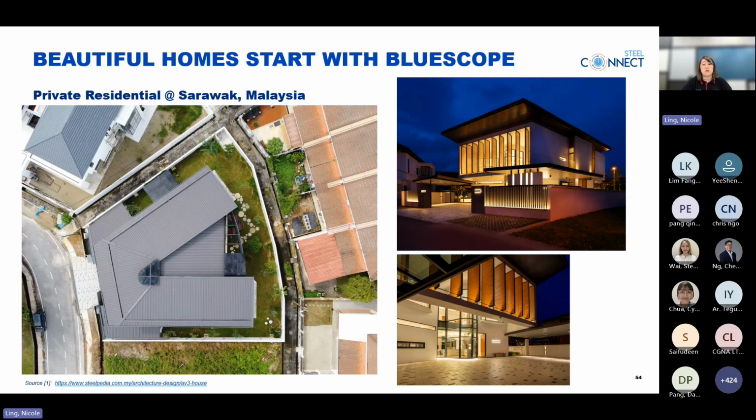The design relies on long, continuous rooflines with clean junctions, which is why steel roofing system is particularly suitable for this architecture. Steel roofing comes with long sheets and fewer joints, greatly reducing the risk of leakage over time.